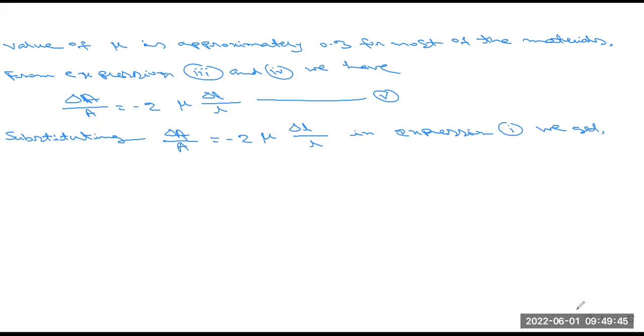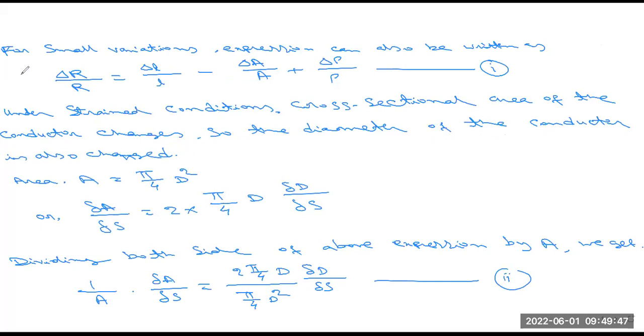It is delta R by R equal to delta L by L minus delta A by A plus delta rho by rho.